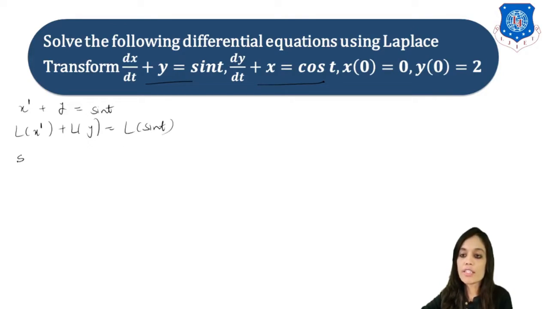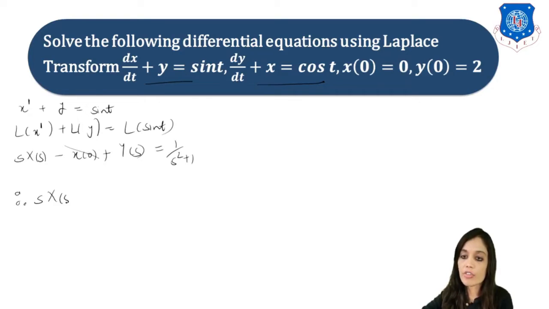This can be written as sX(s) minus x(0) plus Y(s), Laplace of y, and Laplace of sin t will be 1 upon s square plus 1. Now our x(0) is 0, so this is gone. So finally we have our equation as sX(s) plus Y(s) equals 1 upon s square plus 1. Let us name this as our equation 1.